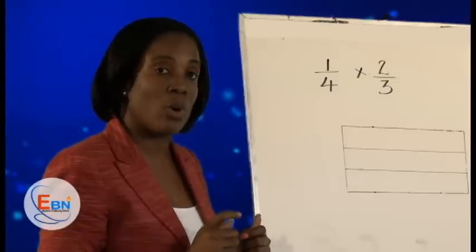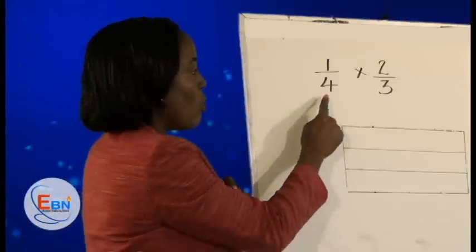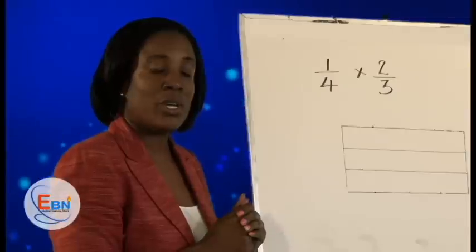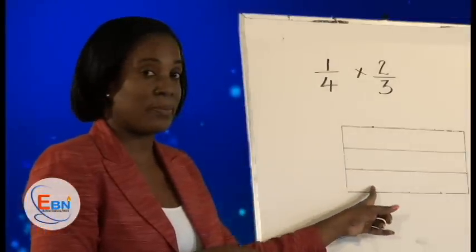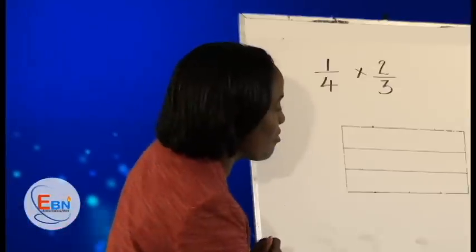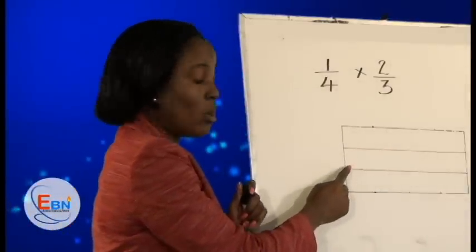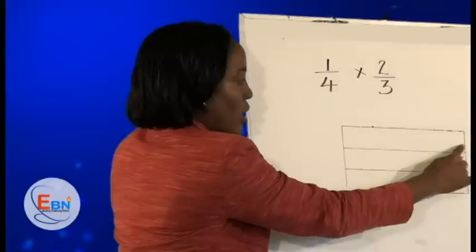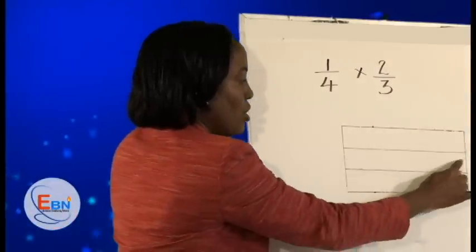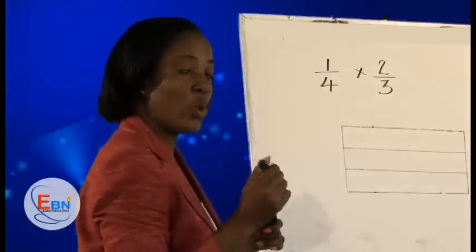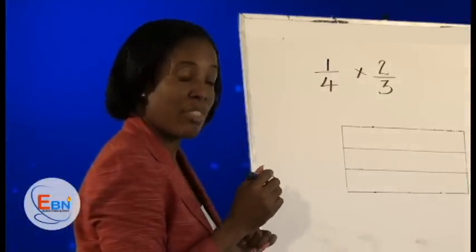This time, however, we're going to be using a quarter of 2/3. Now, if you look at the diagram here, I have my whole divided into 3 equal parts. A third, another third, and another third. I am going to highlight 2/3.